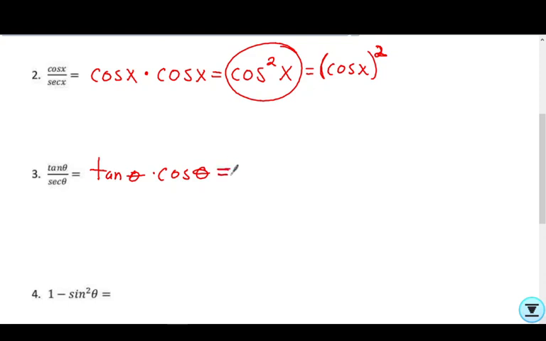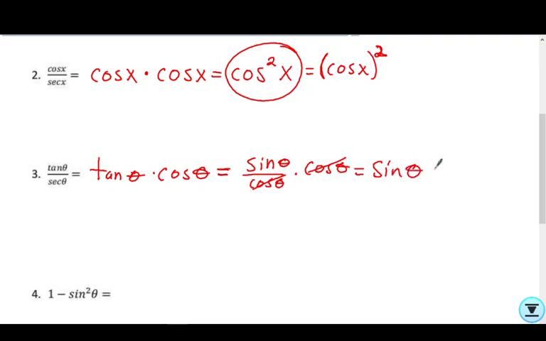Okay. And then we all know that tangent is sine theta over cosine theta times cosine theta, and then cosine divides out with cosine, which leaves us with sine theta.